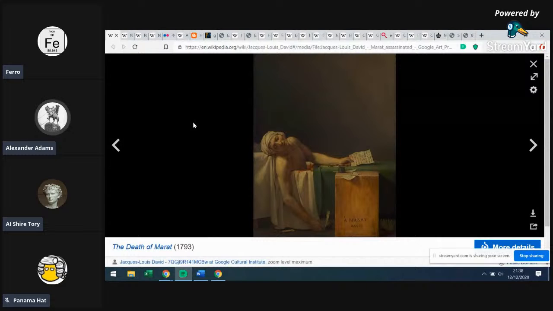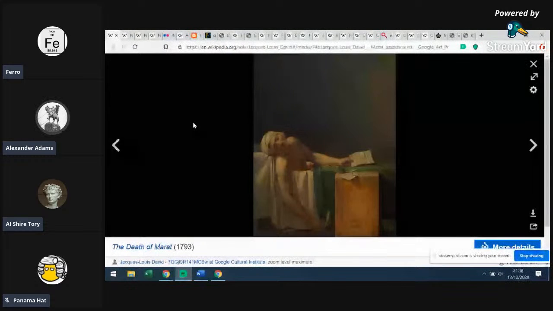And of course, if you're in a revolutionary movement, you're always on the lookout for traitors. So he agreed to meet her, and when she came in, she stabbed him to death, and this is him dying in the bath, where he had to spend hours every day to try and alleviate his ailments.